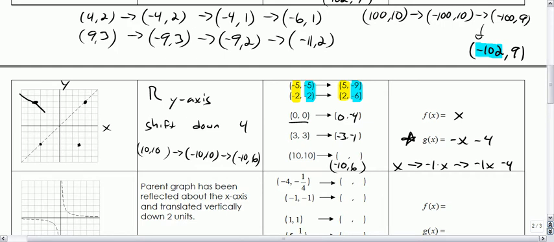So I got my line. Okay, that's step 1. And then you just go down 4: 1, 2, 3, 4. We're off the graph. We could pick another one right here. So the blue one is where we end up.